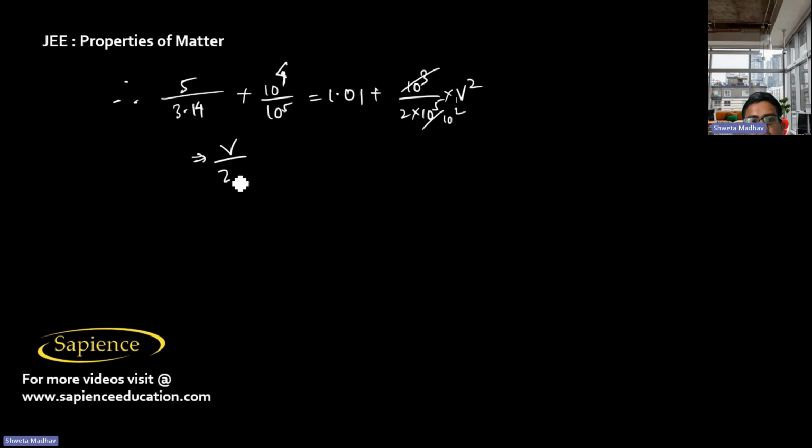That means V square by 200 is equal to 5 by 3.14 minus 1 by 10, that is 0.1, minus 1.01.